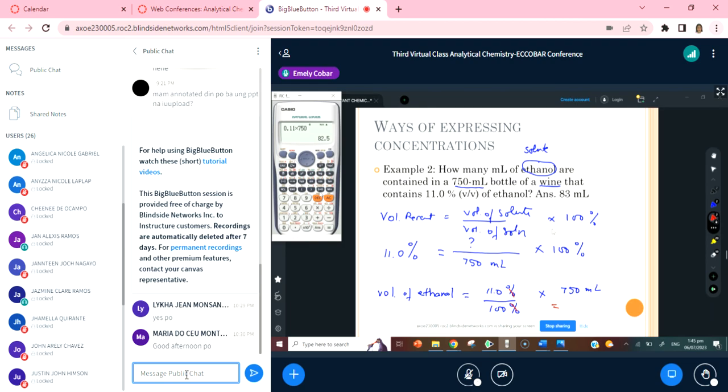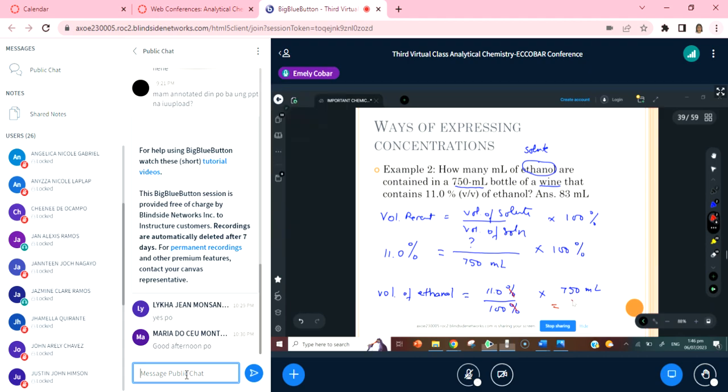But ilang significant figures natin? Okay, yung 750 is 2. Okay, so therefore, two significant figures. The answer is 83 ml. Okay, naintindihan ba?